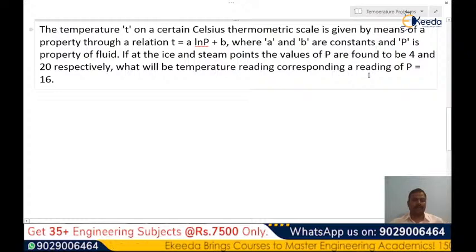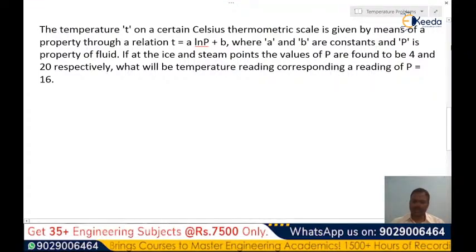The temperature T on a certain Celsius thermometric scale is given by means of a property through a relation T equal to A ln P plus B, where A and B are constants, and P is a property of the fluid. If at ice and steam points the values of P are found to be 4 and 20 respectively, what will be the temperature reading corresponding to a reading of P equal to 60?